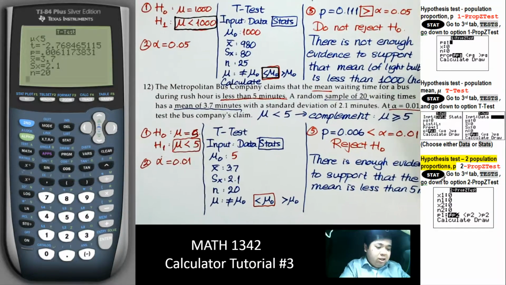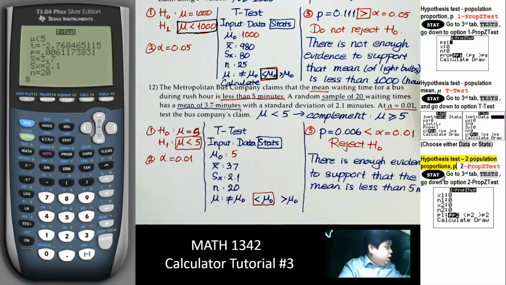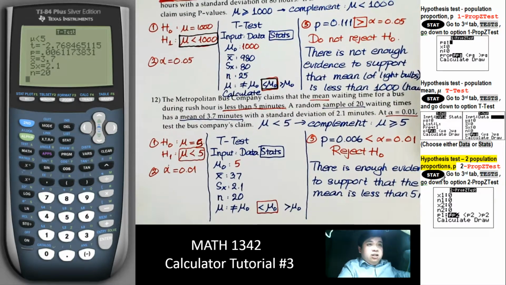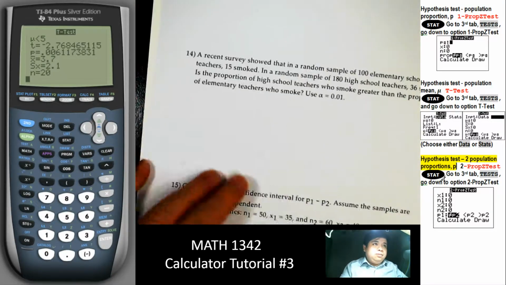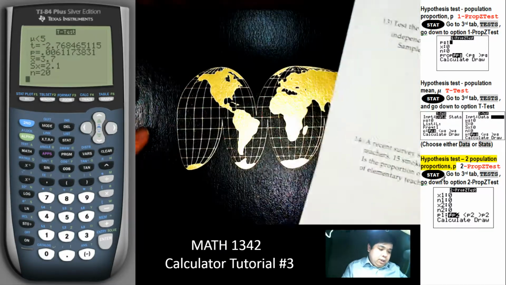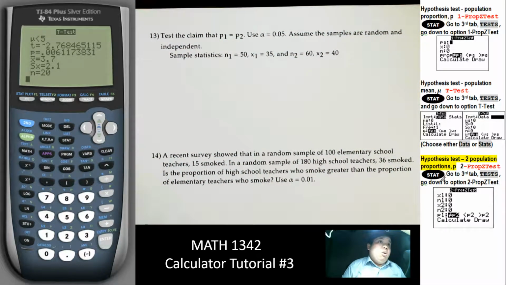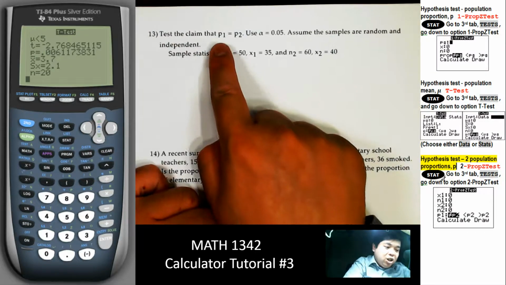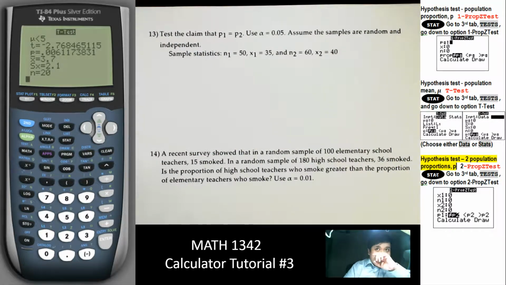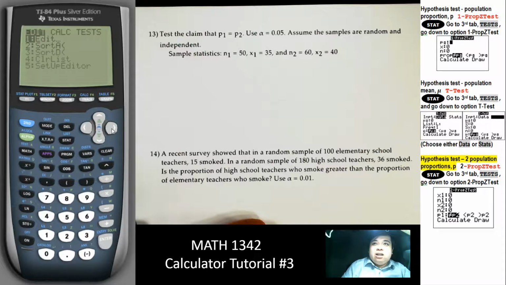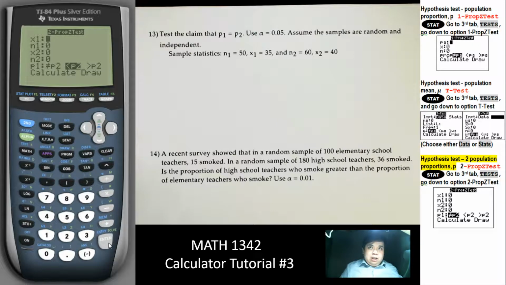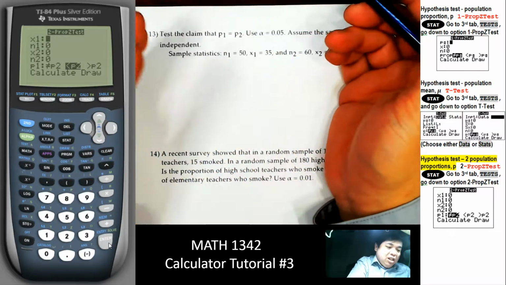Next we do hypothesis test for two population proportions. This will be in chapter 11. This is pretty much straightforward. Now we see that there are two proportions, so instead go to the test menu and we have two-proportion z-test. Right, so we have 2-PropZTest and everything's here.